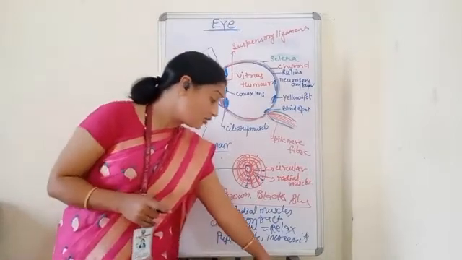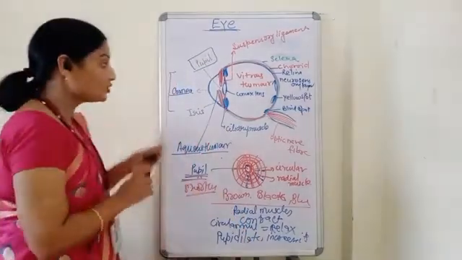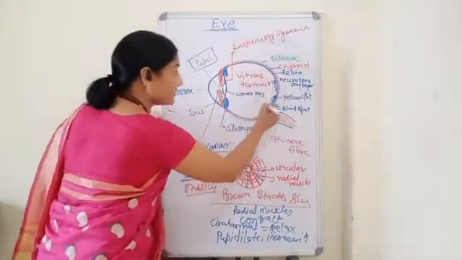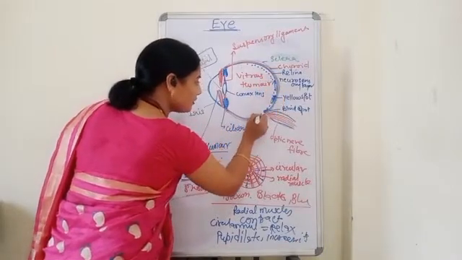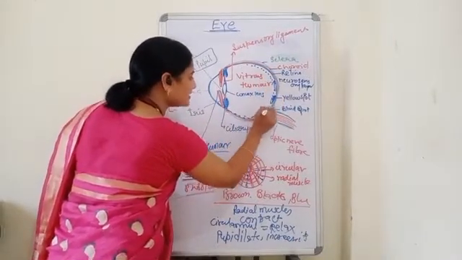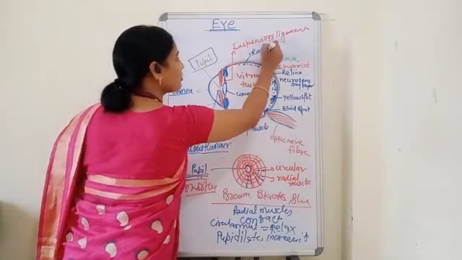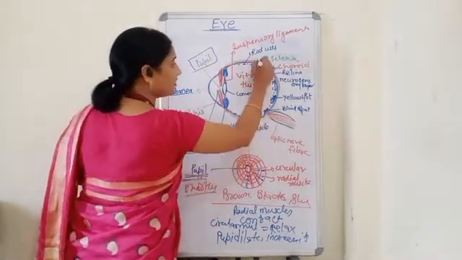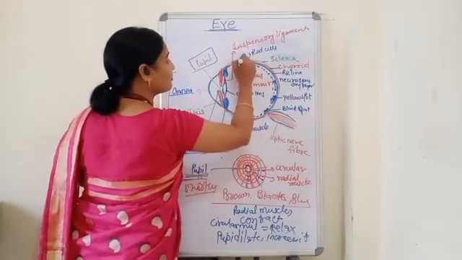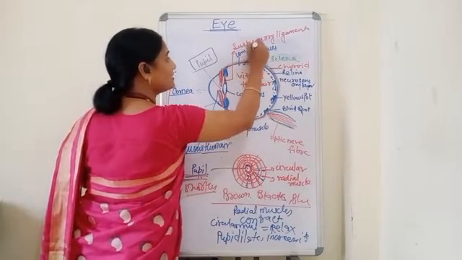Now this rhodopsin is also called the purple vision. Clear? So if this is the retina, this retina contains a number of cells, and these cells are called rod cells. And one more type of cell is called cone cells.